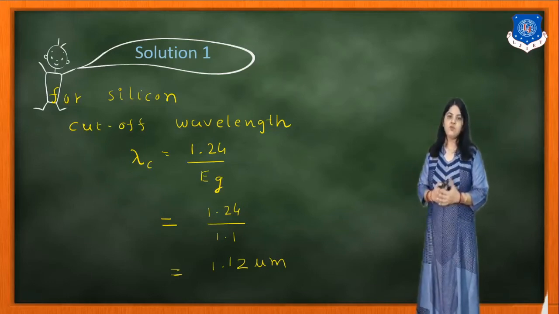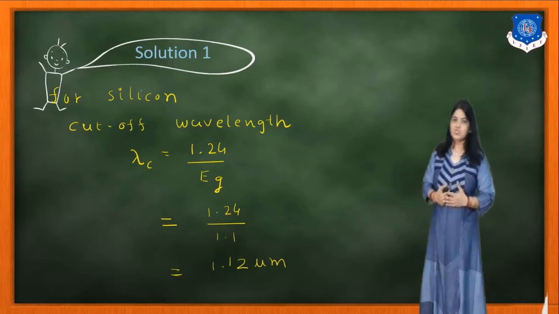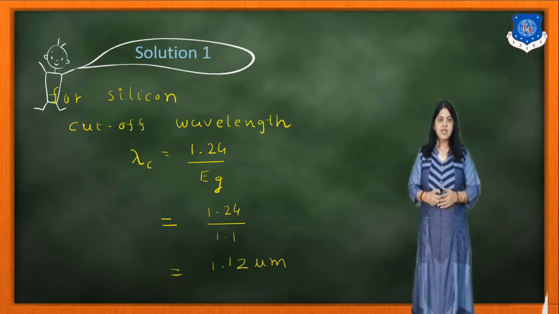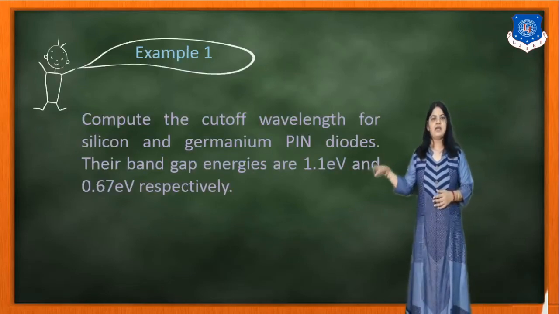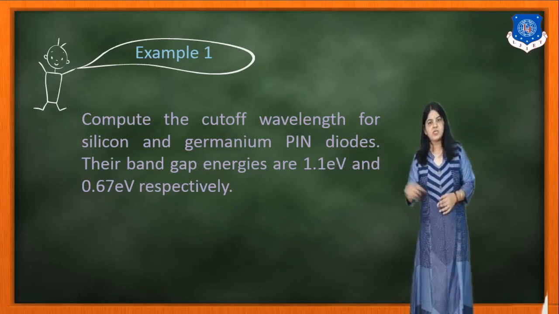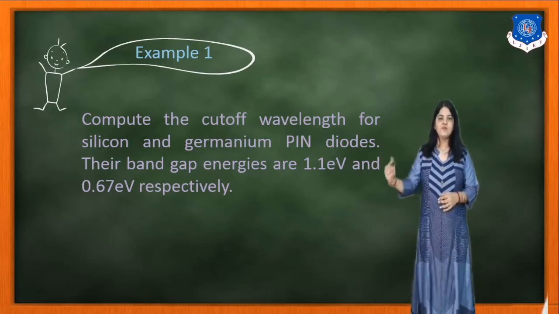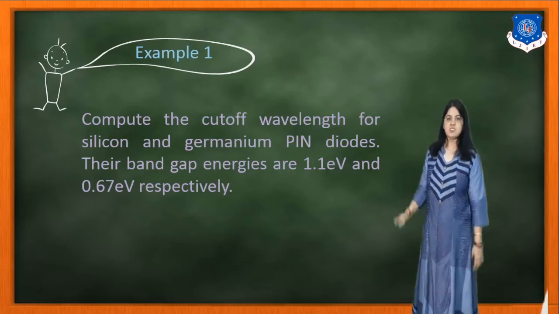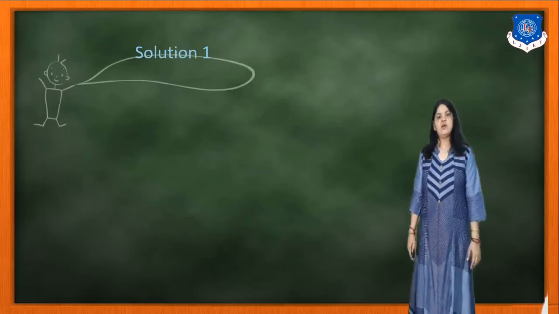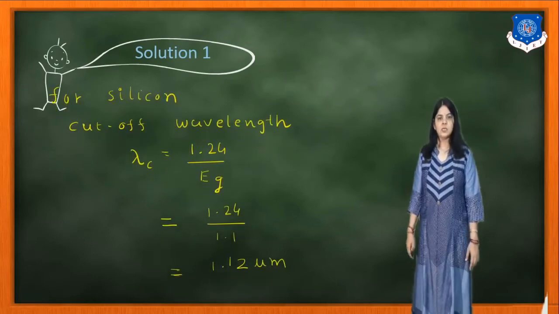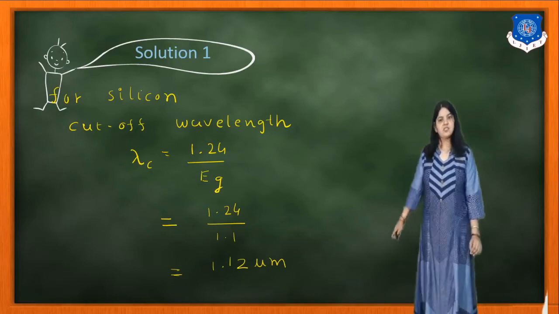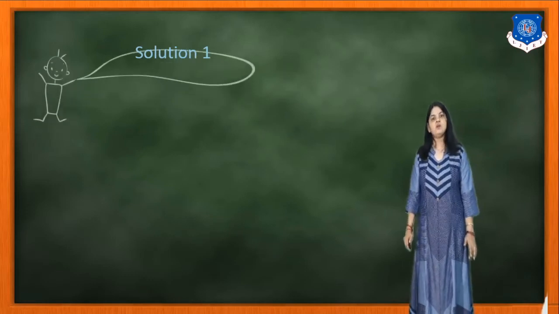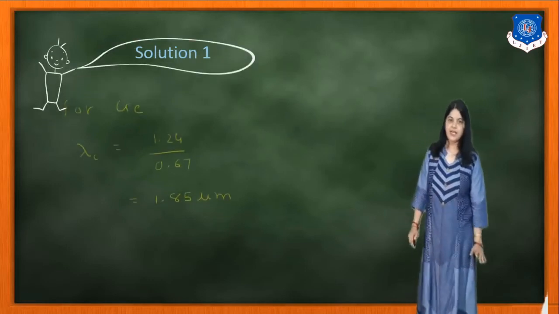The band gap energy is given in the example as 1.1 eV for silicon and 0.67 eV for germanium. Putting that value, it is 1.24 upon 1.1, which is equal to 1.12 micrometer. So for silicon, we can calculate like this.